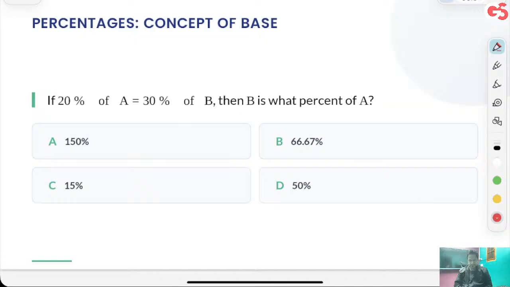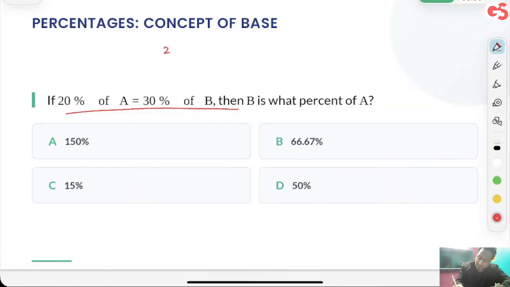Time up. Let's see. It says A is 20, if 20% of A is 30% of B. Then B is what percentage of A?